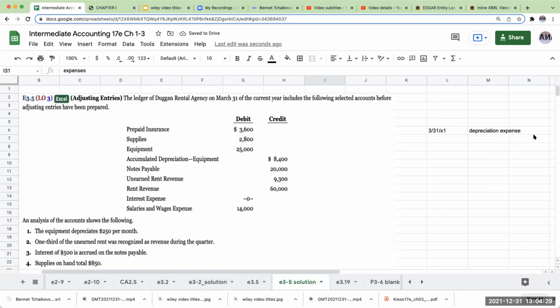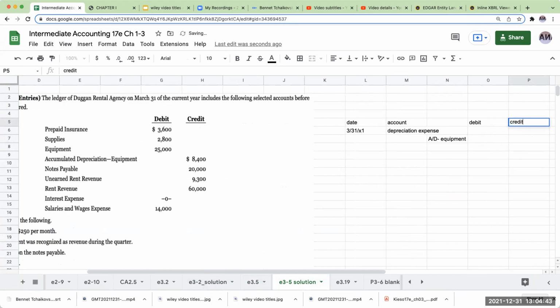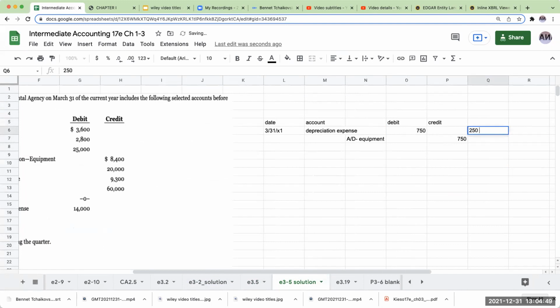So when I record depreciation expense, I debit depreciation expense. I'm going to credit accumulated depreciation on the equipment. Debit, credit. And this is going to be 250 times 3, or 750. This is to record depreciation expense.